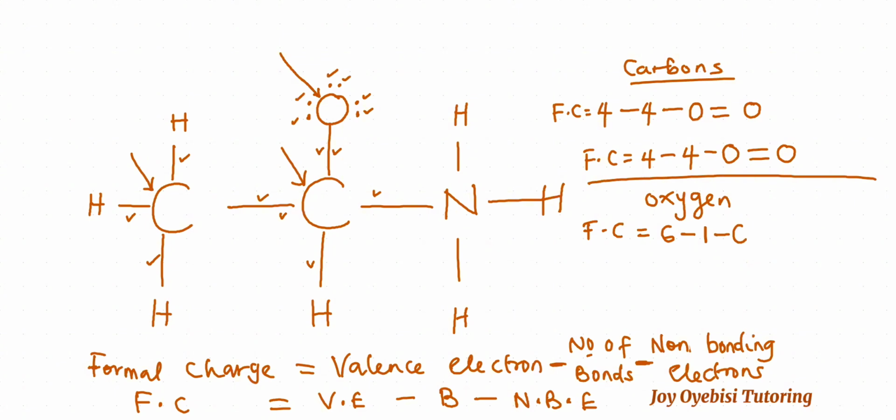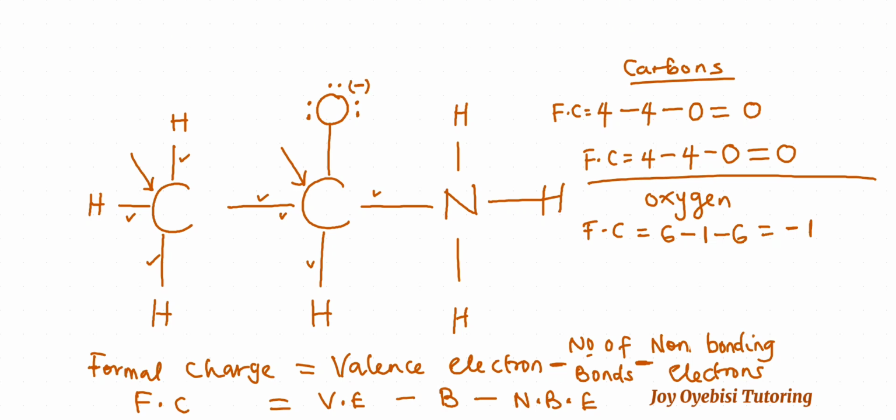So if I say 6 minus 1 minus 6, that's going to give me a negative 1 charge. So what I would do is come over here and add a charge to that oxygen. Okay, so this oxygen is going to have a negative charge. So usually when it's just 1, you ignore the 1, put negative. So this has a negative formal charge.